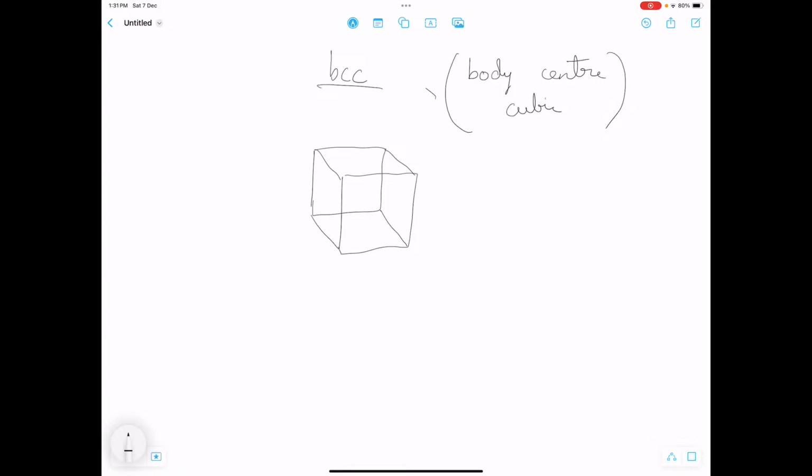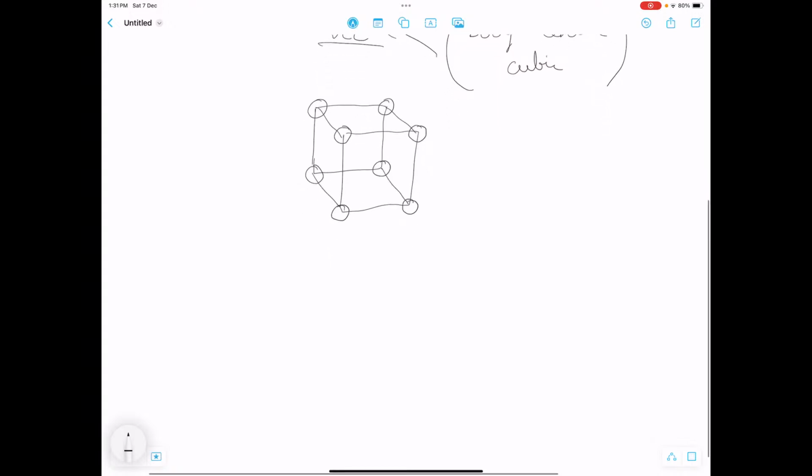This is the full form of it. If I draw a cube, in this the atoms are on the corners. On every one of the 8 corners, there is one atom. And now, in the middle of the cube, there is one atom. Right in the middle.